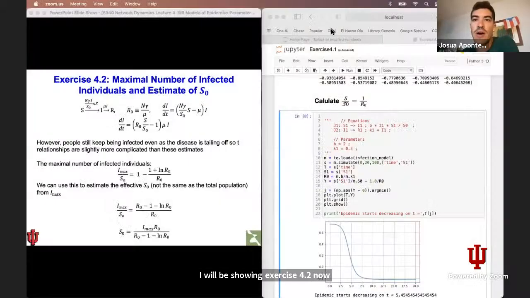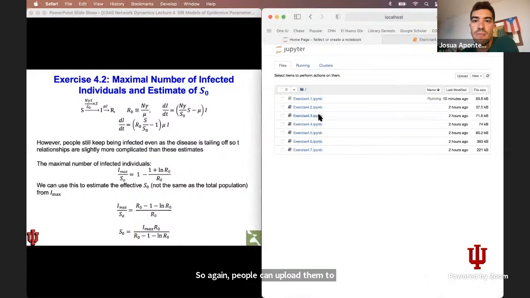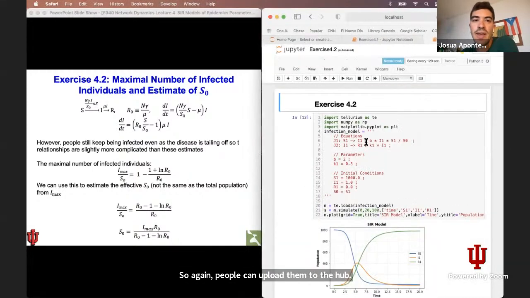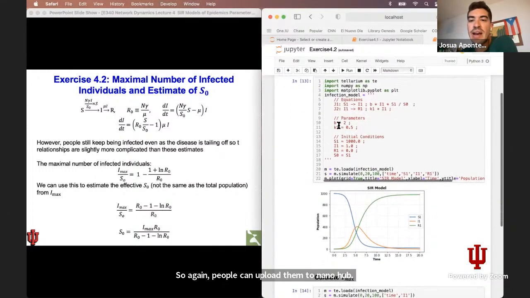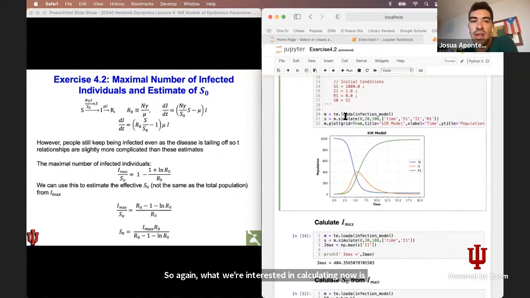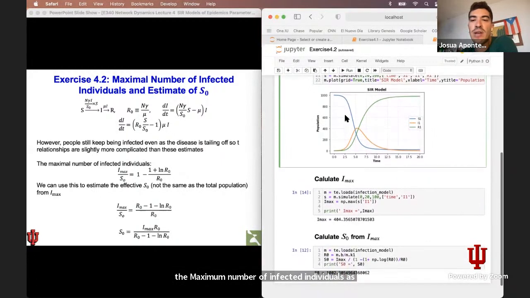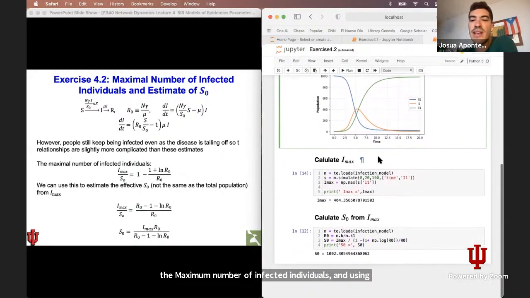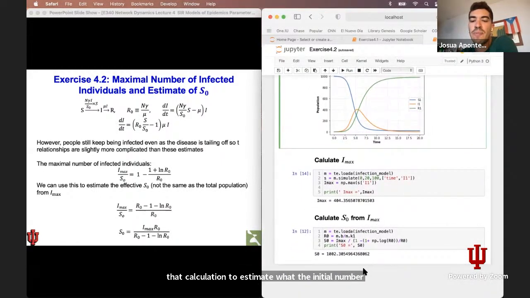Again, people can upload them to NanoHub. What we're interested in calculating now is the maximum number of infected individuals, and using that calculation to estimate what the initial number of susceptible individuals are, given that we already have R naught.